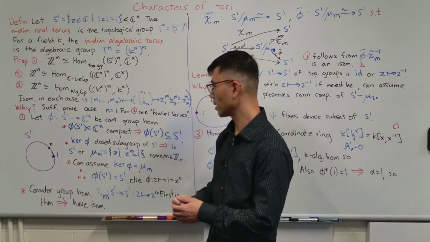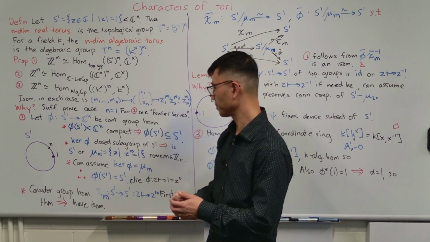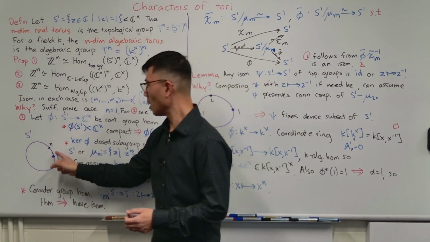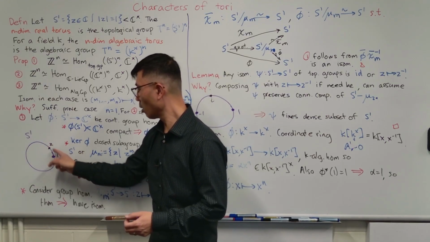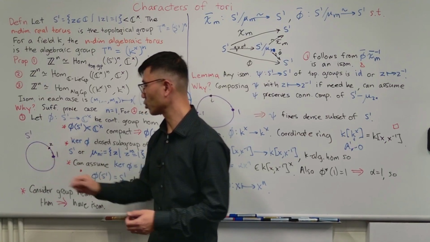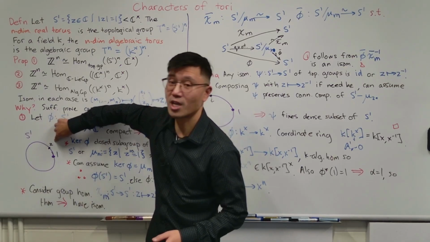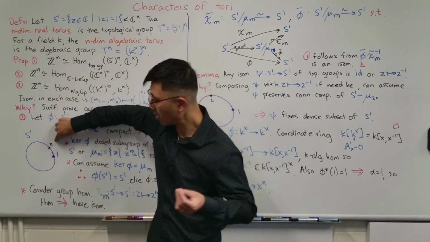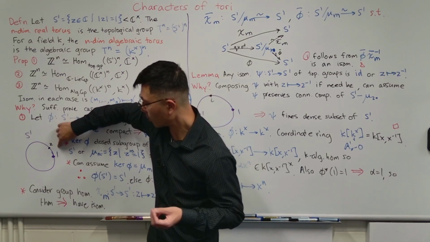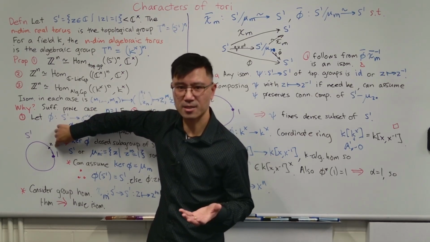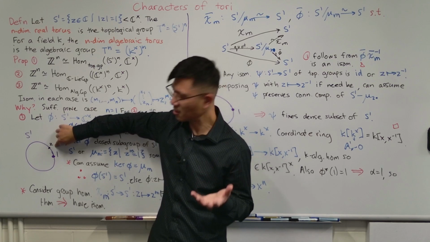And another possibility is that it has some value z which is not equal to 1. So let's pick the z inside that kernel which has the smallest positive principal argument. Now maybe you say, maybe that doesn't exist. So let's just see what happens.